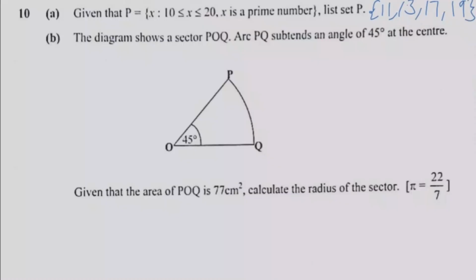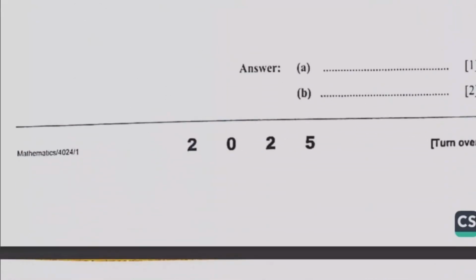So we can go to the area where we're supposed to enter: set p is equal to 11, 13, then after 13 we have 17, then we have 19. These are the elements of set p.